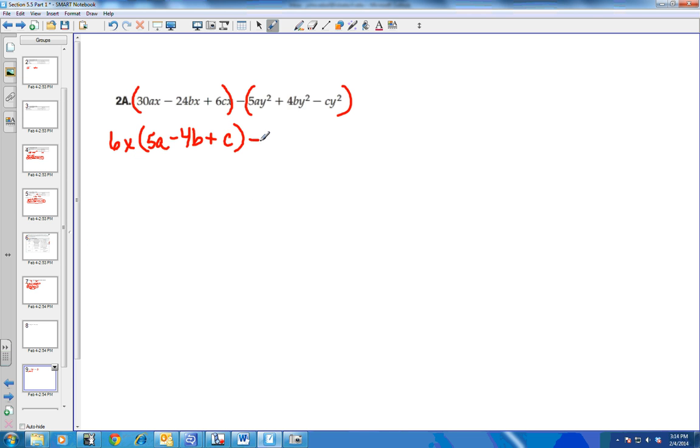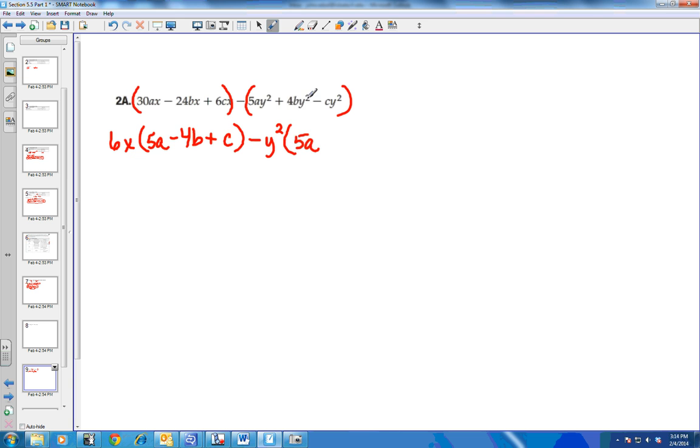Now, what can I factor out of each one of these? There's not any numbers that they all have in common, but they each have a y squared. So if I take a y squared out of this, I would have 5a.